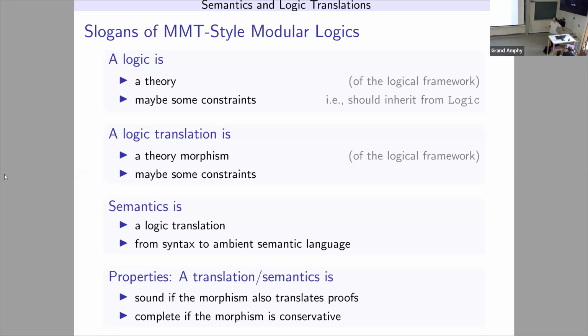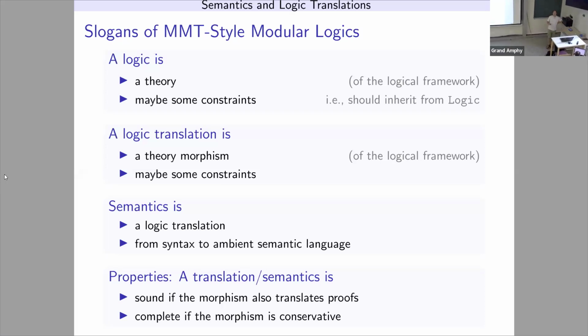We say it is sound if the morphism that translates the syntax to its meaning also translates all the proofs. Because theory morphisms preserve all expressions, that means if we had a proof here, we have a proof here. That's soundness. And the more complicated property, completeness, means that the morphism is conservative.